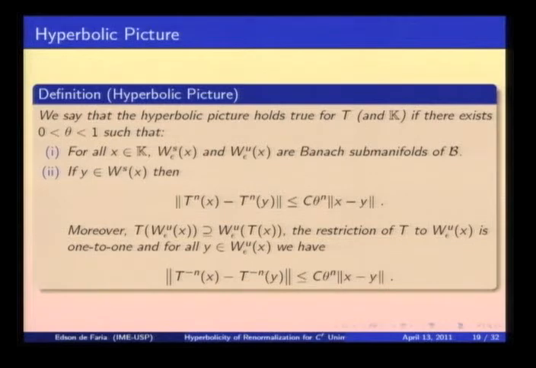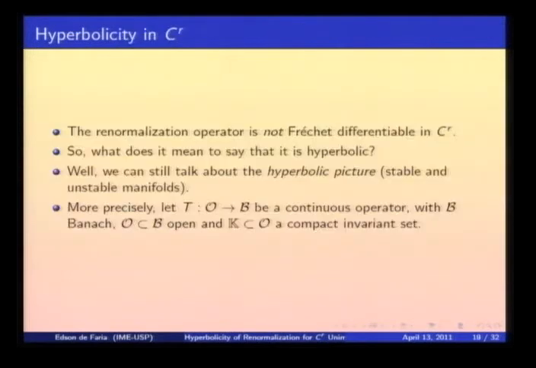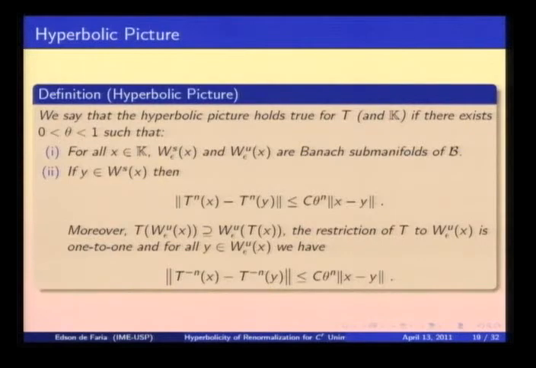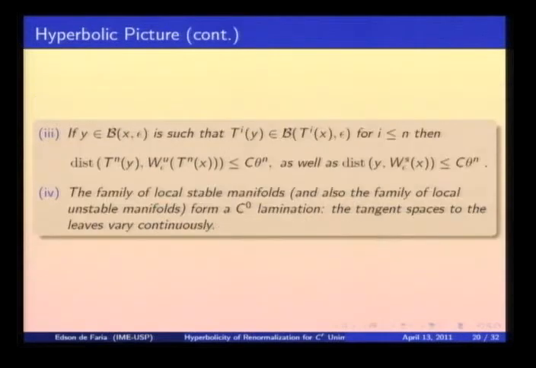In any case, this is a definition, the definition of a hyperbolic picture. I say that the hyperbolic picture holds for an operator T like that if these conditions are satisfied, and there are more conditions. If you have the unstable manifold and you take a point which is not in it, as you iterate, as long as you don't escape the domain of definition, you would expect an exponential approach towards the unstable manifold.